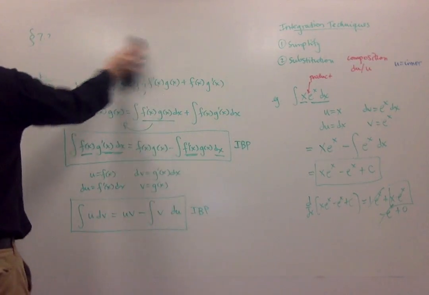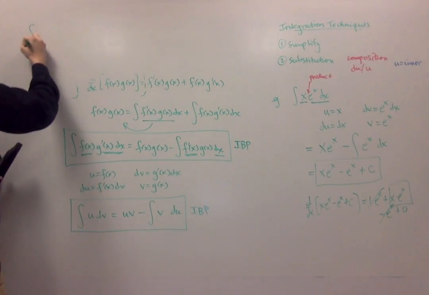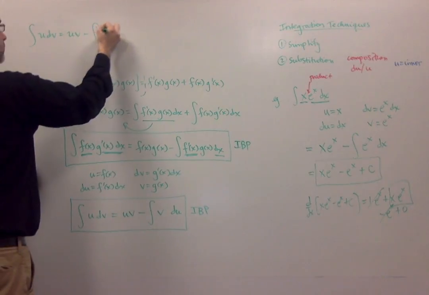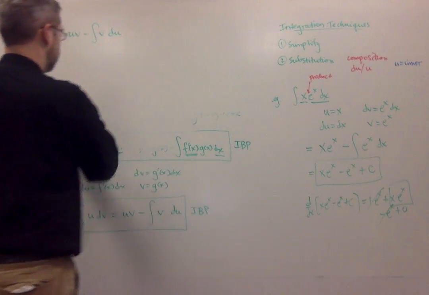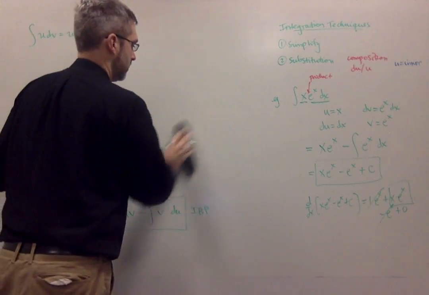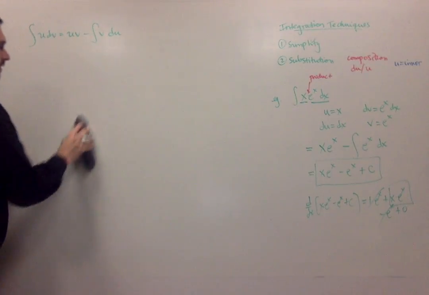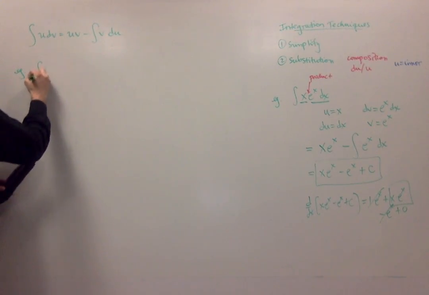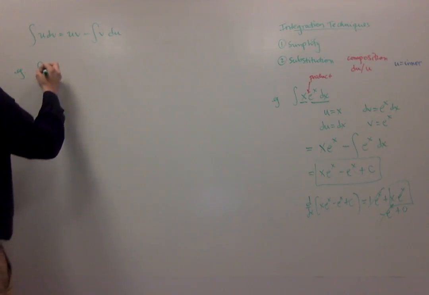So in order to do this, I'm going to copy this formula up here. Let's try a couple of other examples, and then I want you to see why I chose what I chose.